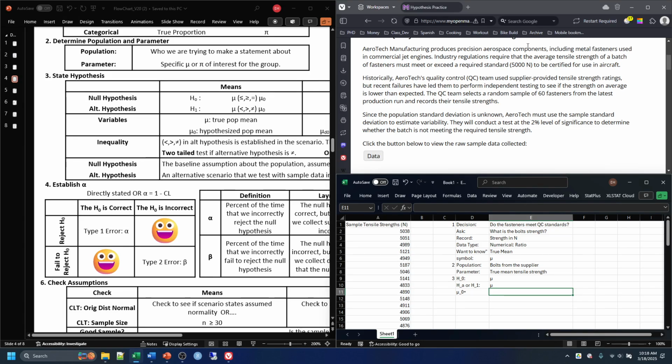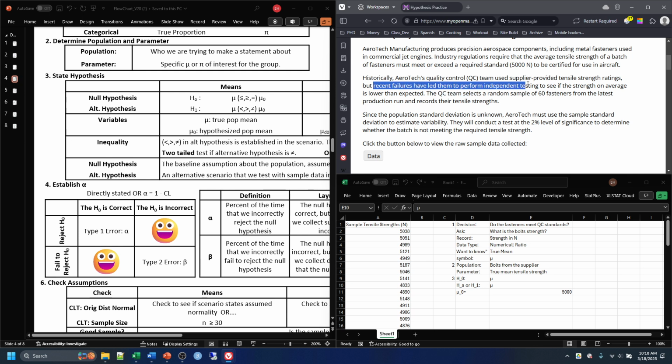All right, the baseline strength up here looks like it's 5,000, that this is our standard that we need to make. So I'm going to say 5,000. So in order to do our mu here, we are going to say, and we want to see where it is, the quality control team.